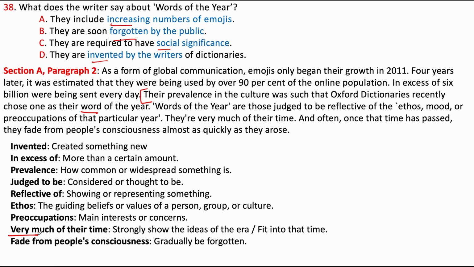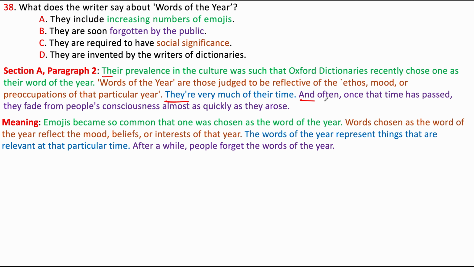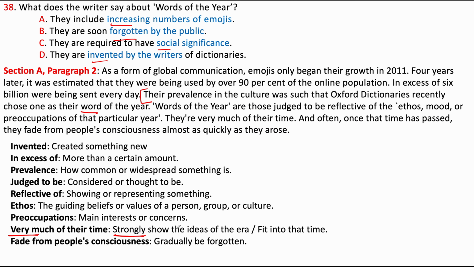"Very much of their time" means anything that strongly shows the idea of that time or anything that fits into that time. And the fourth sentence says that after a while, people forget the words of the year. "Fade from people's consciousness" means that they are gradually or slowly forgotten.